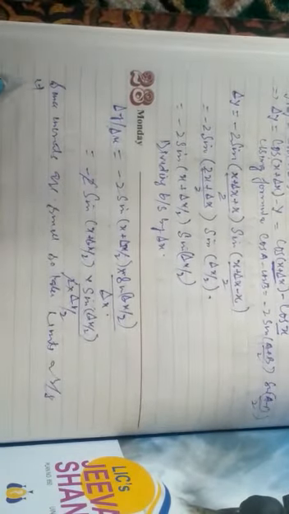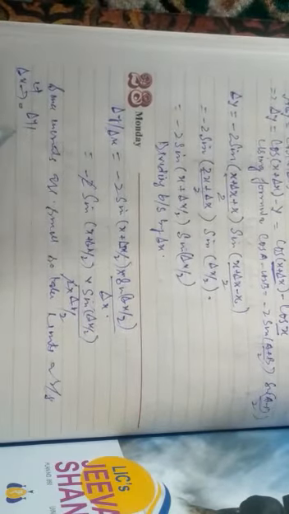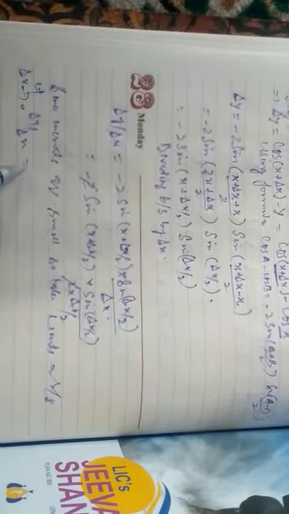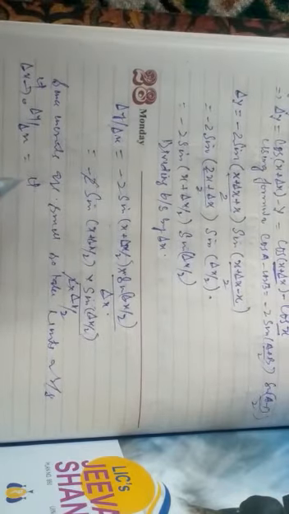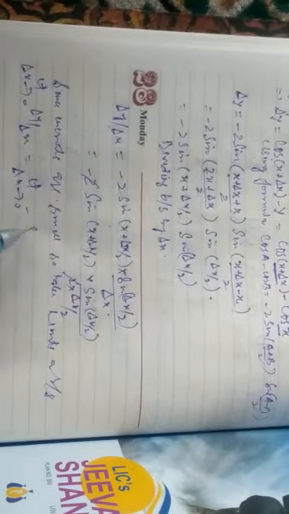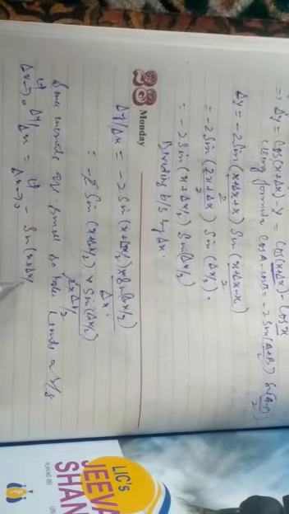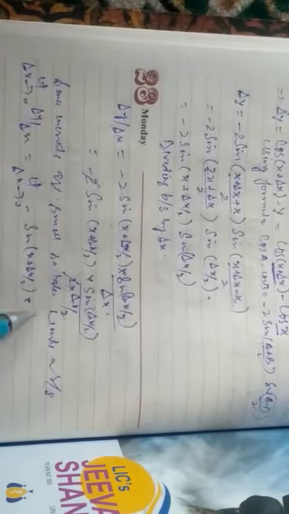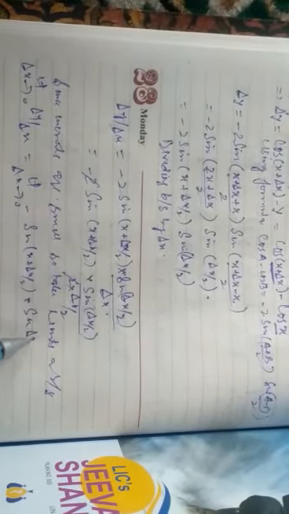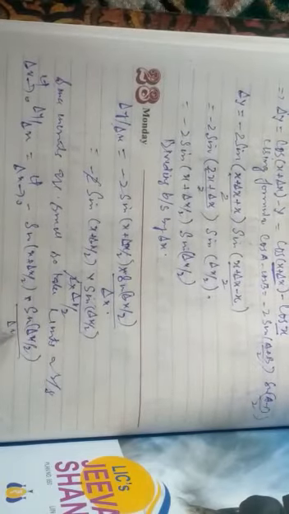It will be limit of delta x tending to 0, del y by del x equals limit of delta x tending to 0 of minus sine of x plus delta x by 2 into sine of del x by 2 over del x by 2.